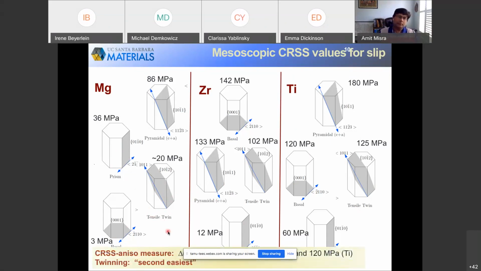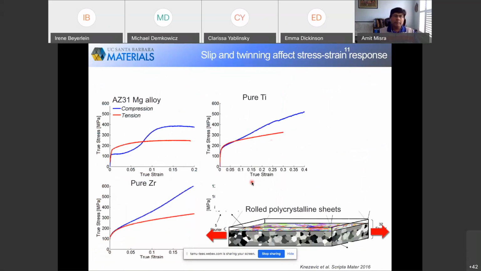So this is one reason why twinning occurs rather easily in HCP metals. It seems to be the second easiest mode of deformation. But one thing that's different about twinning than slip: everything we've seen here has a particular plane in which it activates in a particular direction, which seems familiar to slip.